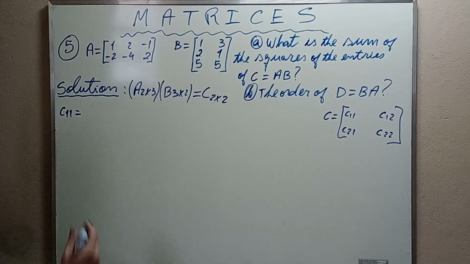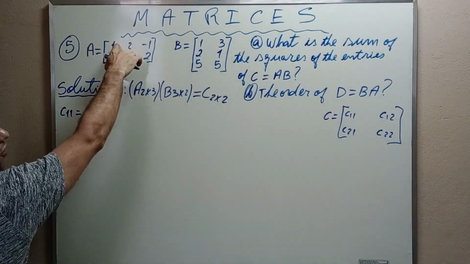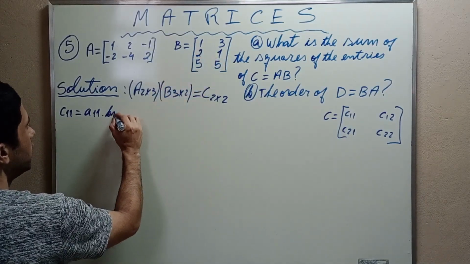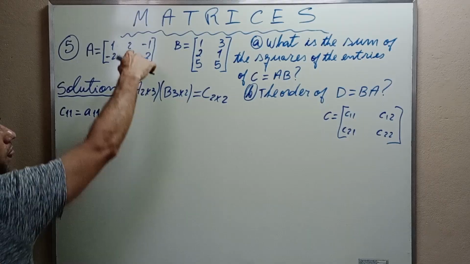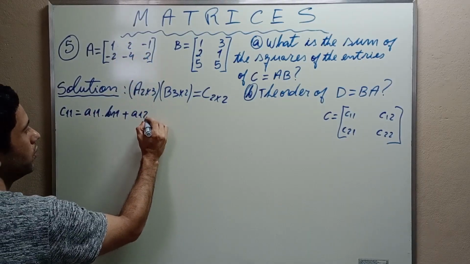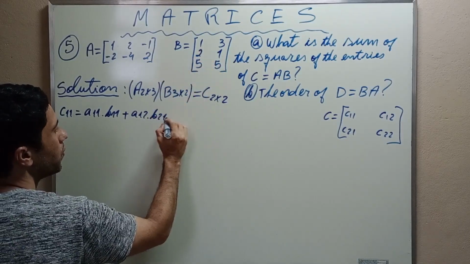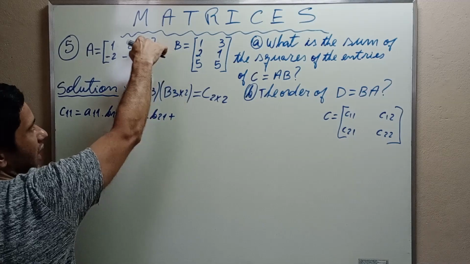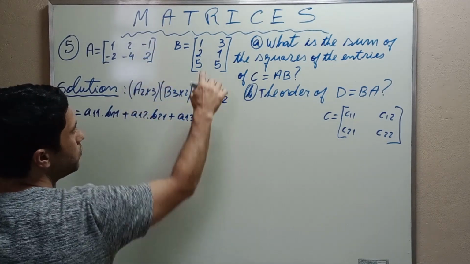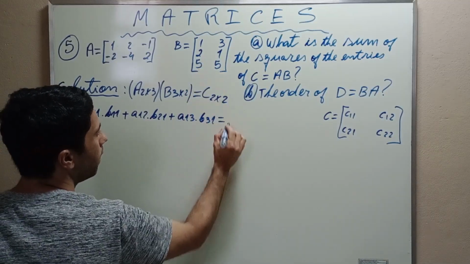It is going to be A11, this, times this, which is B11, plus A12 times B21 plus A13 times B31. Okay?